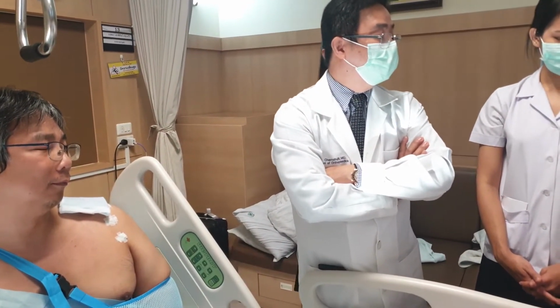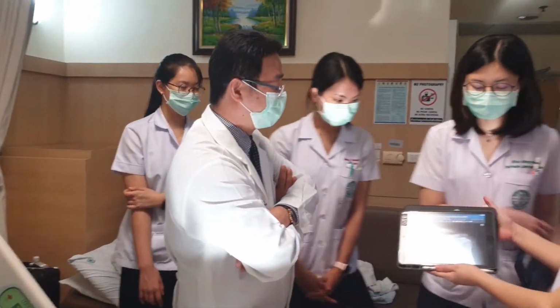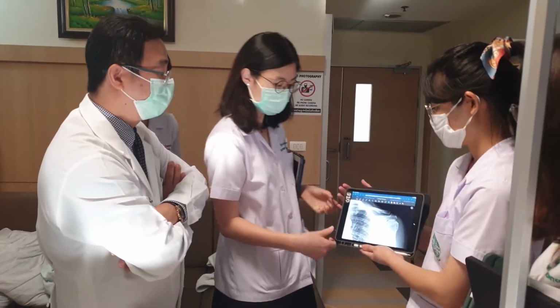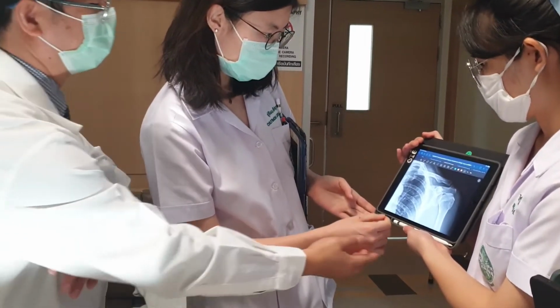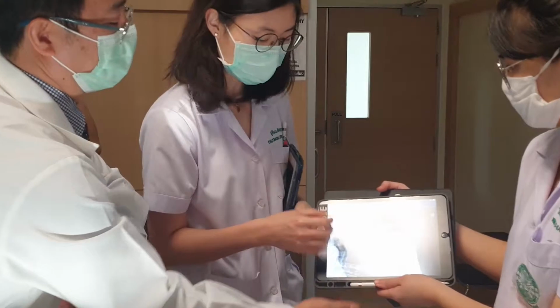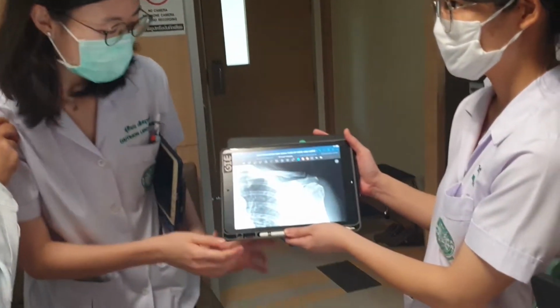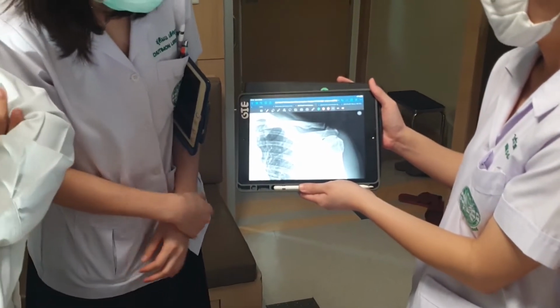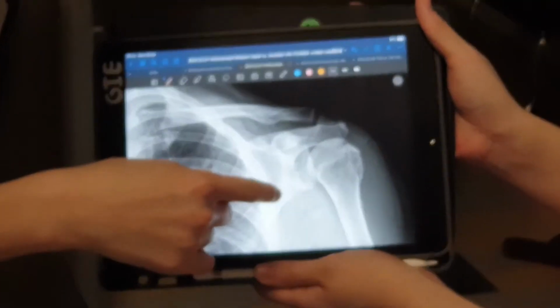So after the reduction, expand the film. Turn to your friend like this. I think it's reduced back into the glenoid. It's a good reduction.